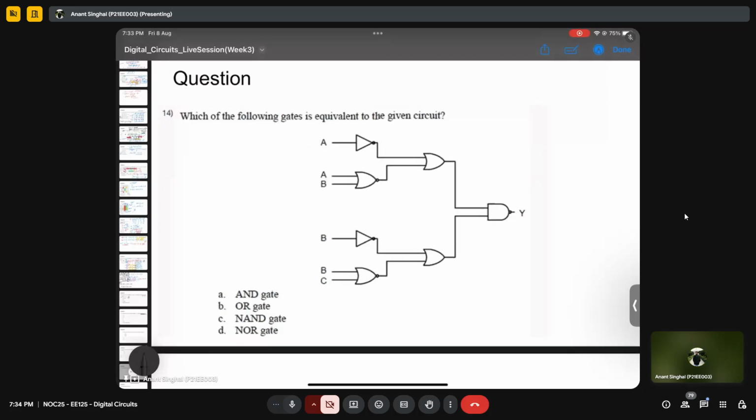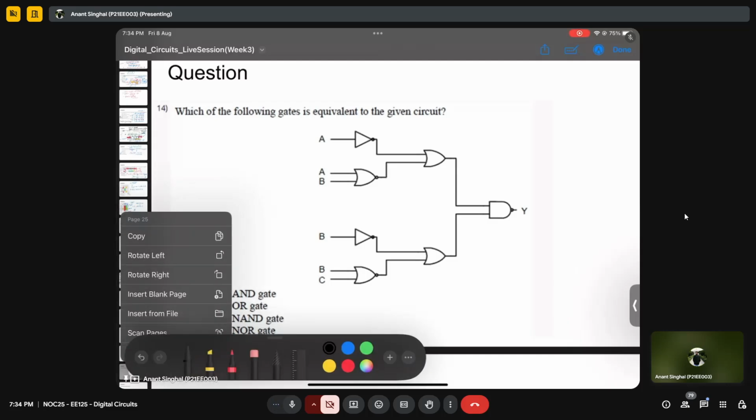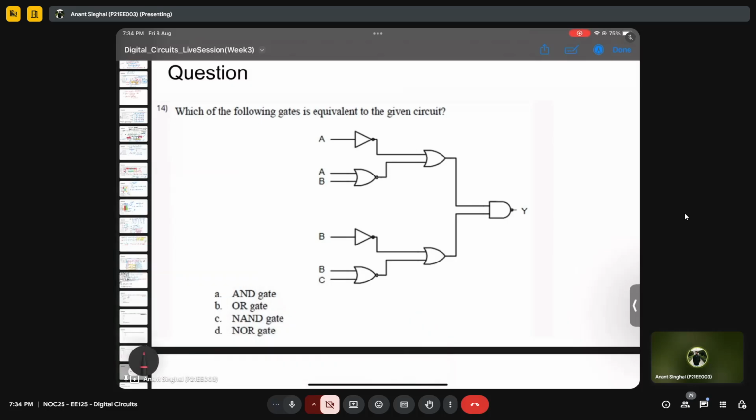It says, which of the following gates is equivalent to the given circuit? So this is a NOT gate, so this will be A complement.